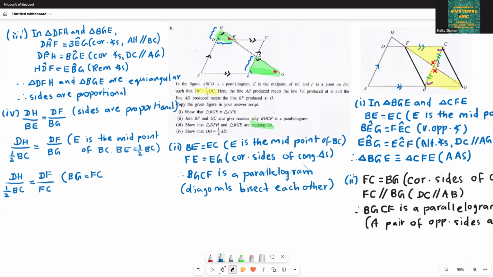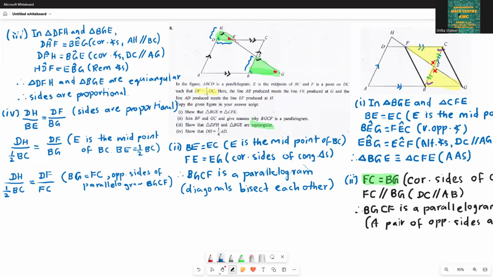Why are BG and FC equal? Corresponding sides of congruent triangles, or else opposite sides of parallelogram BGCF, which we already proved is a parallelogram. We changed that part also.